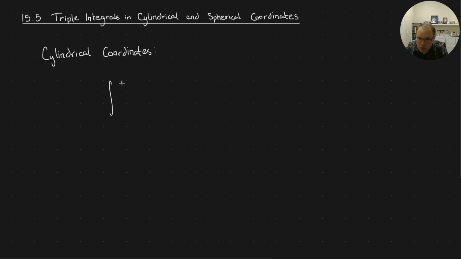So say I have some triple integral over some volume E. We're integrating it with respect to our rectangular coordinates x, y, z. So I can do a change of variables and instead integrate it over cylindrical coordinates.